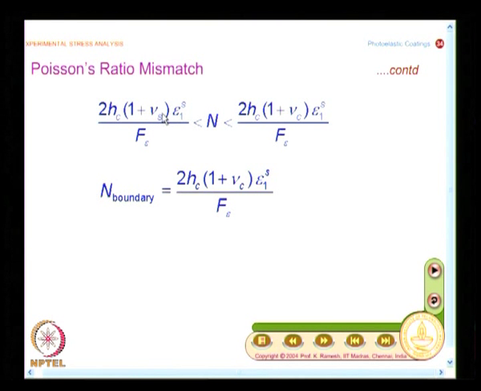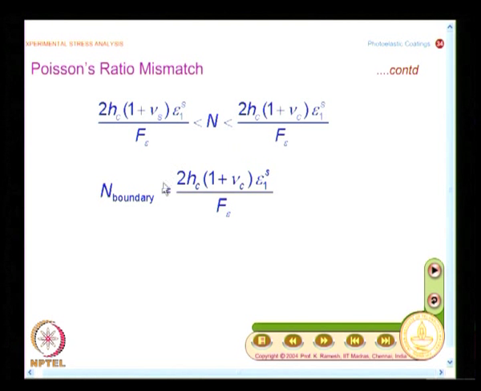So, in one case it may be controlled by the Poisson's ratio of the specimen, in another case it can be controlled by the Poisson's ratio of the coating. So, the n will have a range, on the one end dictated by the Poisson's ratio of the specimen, on the other hand it is dictated by the Poisson's ratio of the coating.